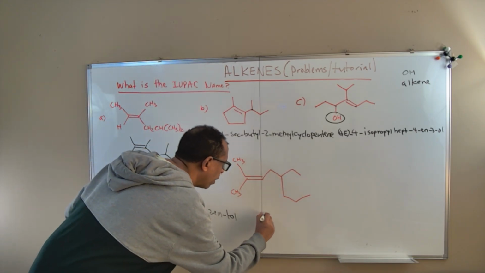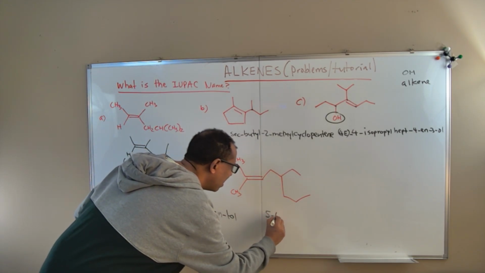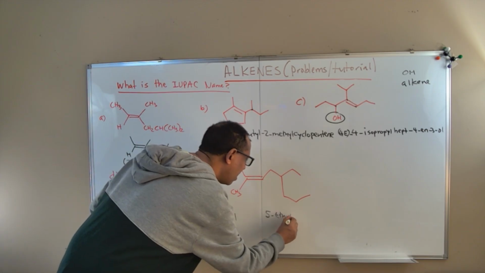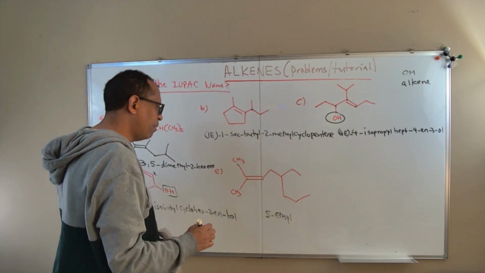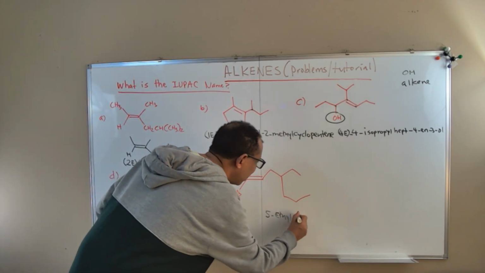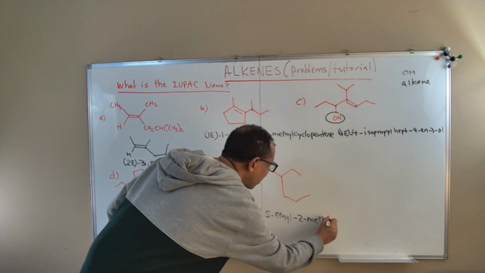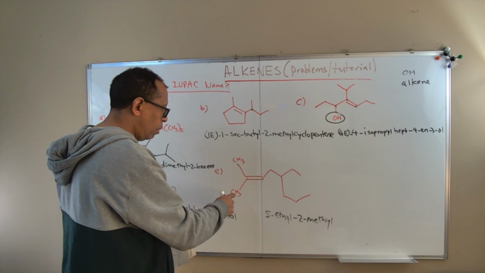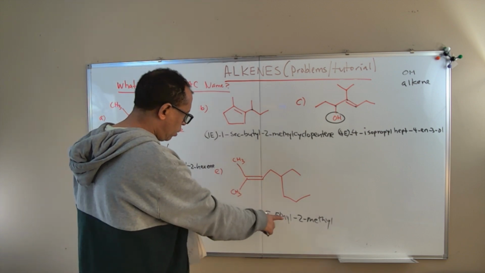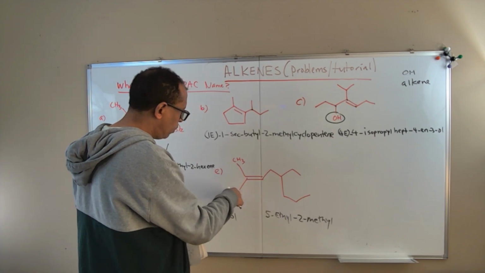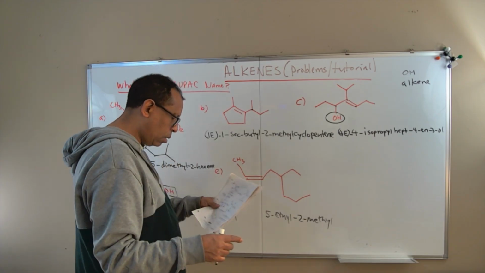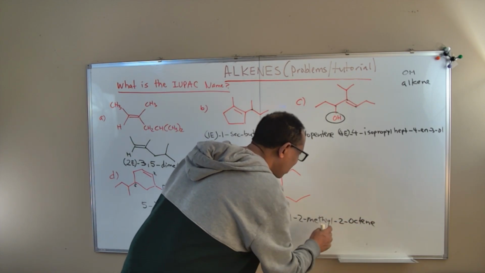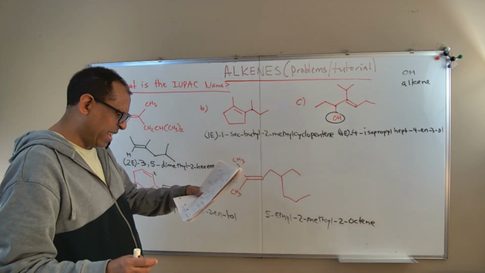So the way I would write it is 5-ethyl, 2-methyl. At the 2 position I have the ene, so 2-octene. So this is 5-ethyl-2-methyl-2-octene, that is the name.